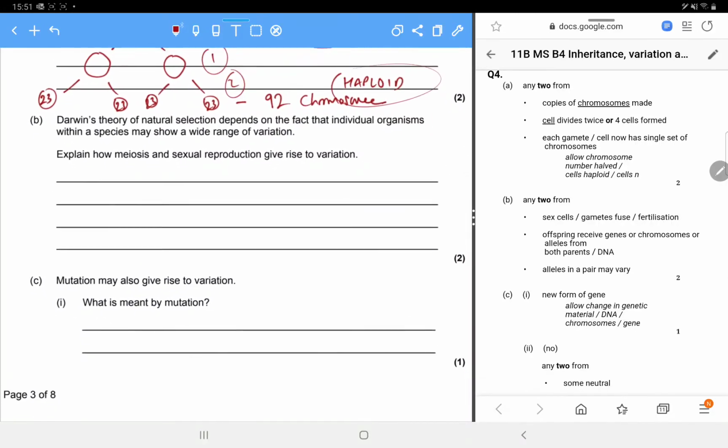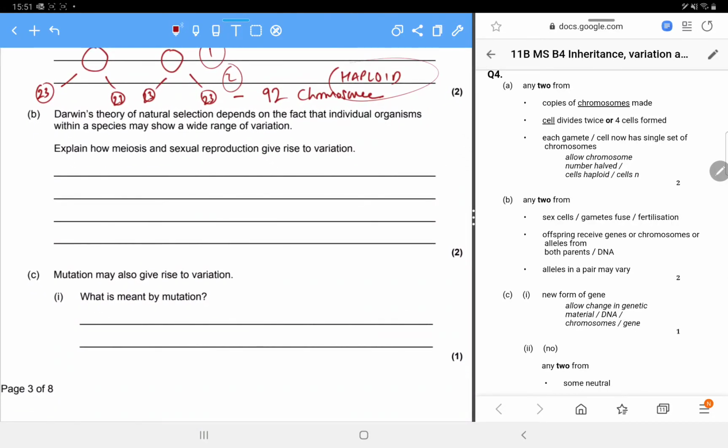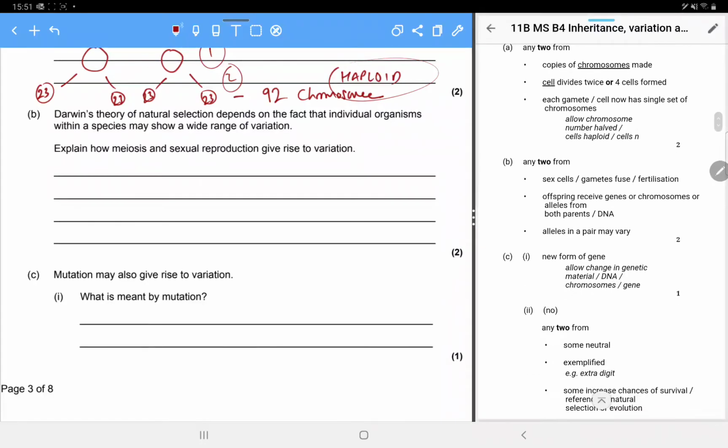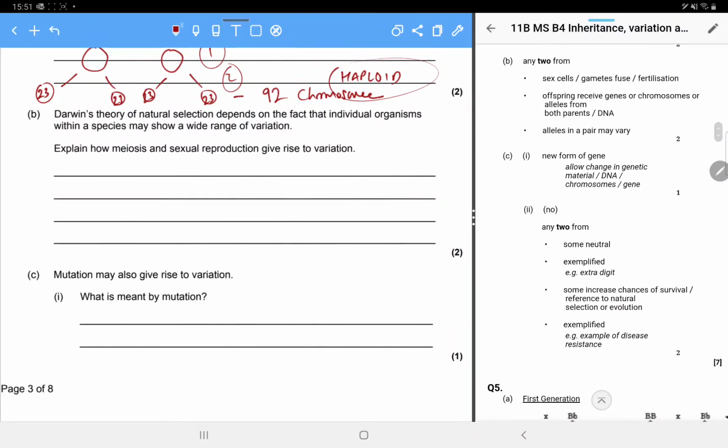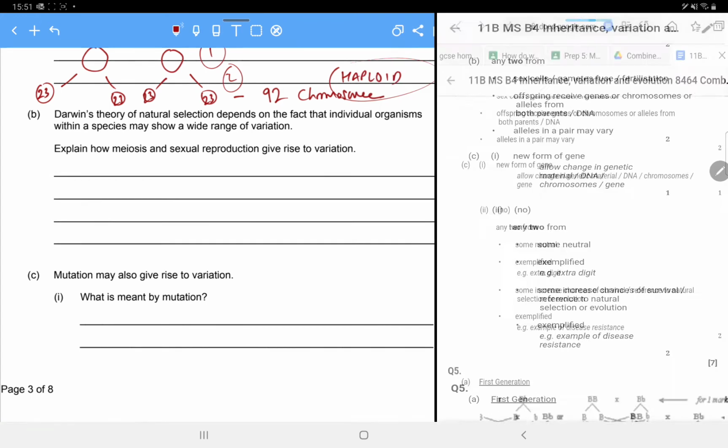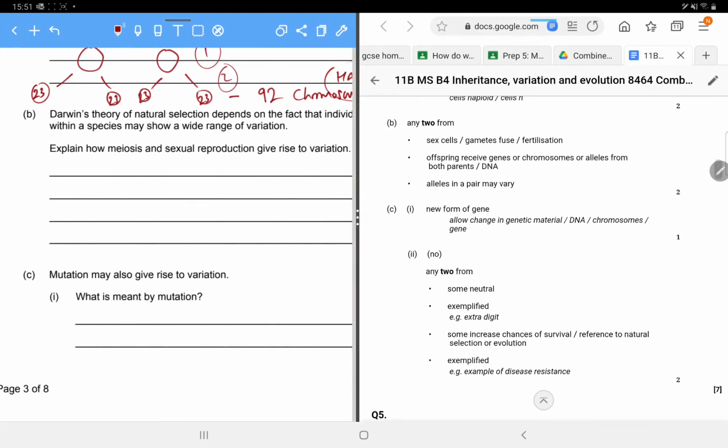Darwin's theory of natural selection depends on the fact that individual organisms within a species may show a wide range of variation. Explain how meiosis and sexual reproduction give rise to variation for 2 marks. Well, this is very similar actually to the earlier question. Let's look at the mark scheme here and check that we are familiar.